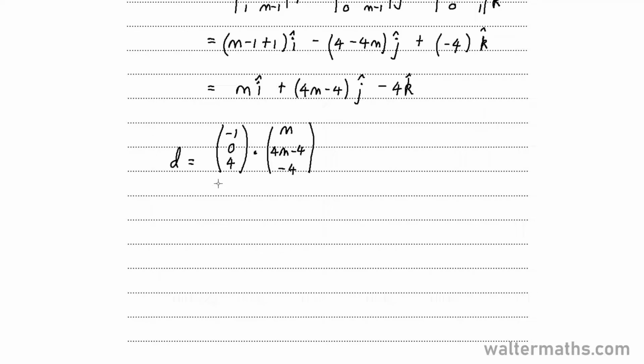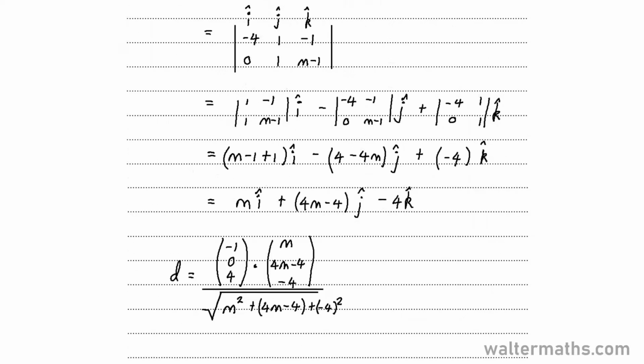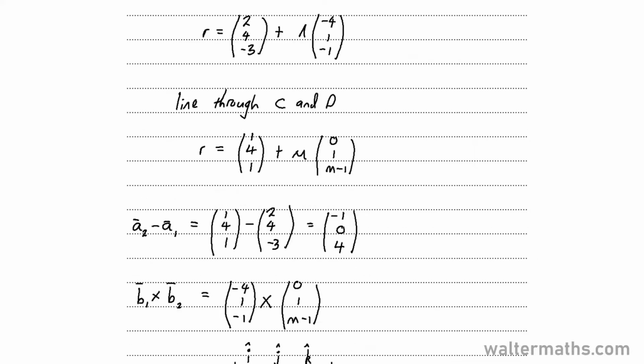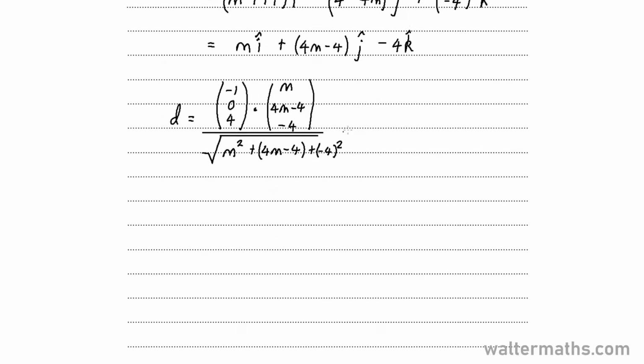And that's going to be over the square root of m squared plus (4m minus 4) squared plus (-4) squared. And according to the information in the question, they say that the shortest distance here is 3. So we're going to equate this to 3.